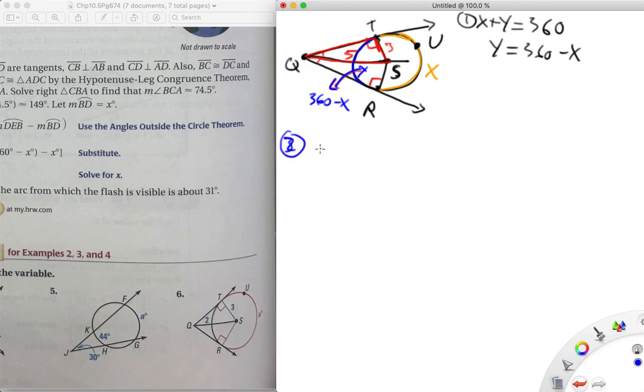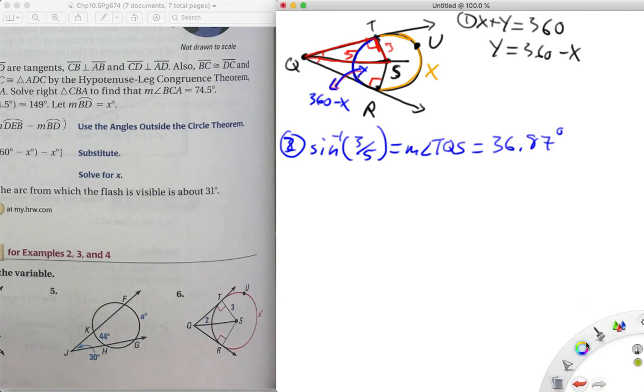So step 2, we're going to do inverse sine because it's opposite over hypotenuse of 3 over 5, and that's equal to angle TQS. And that equals 36.87 degrees.